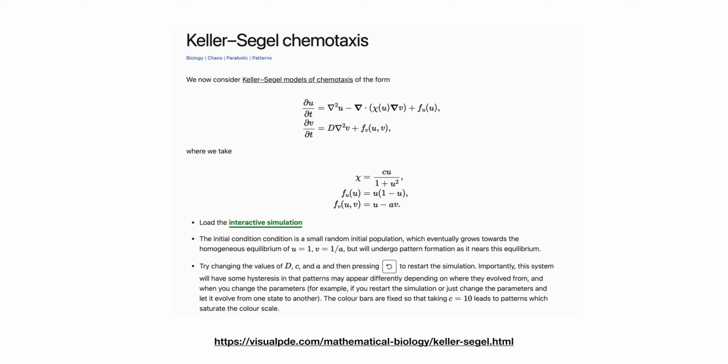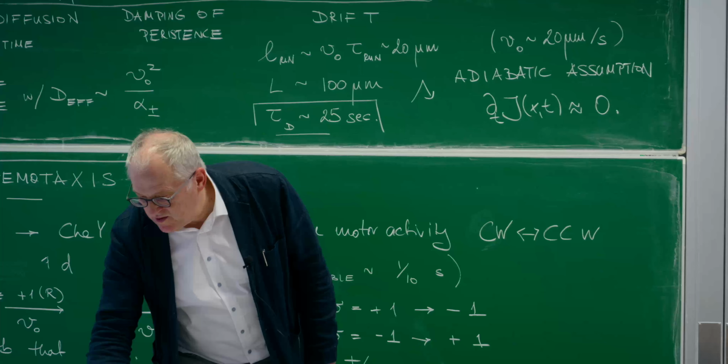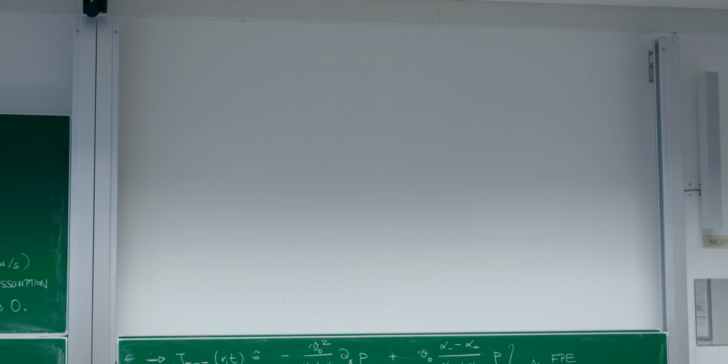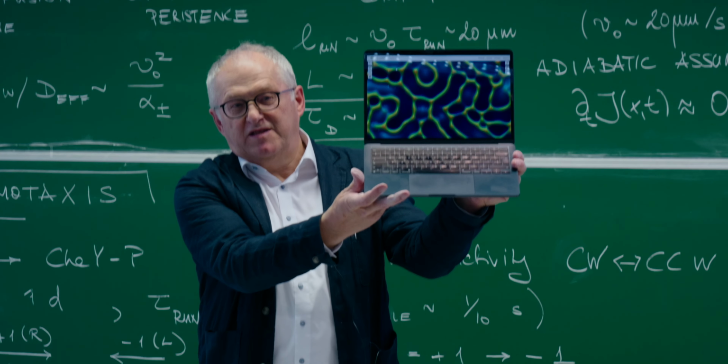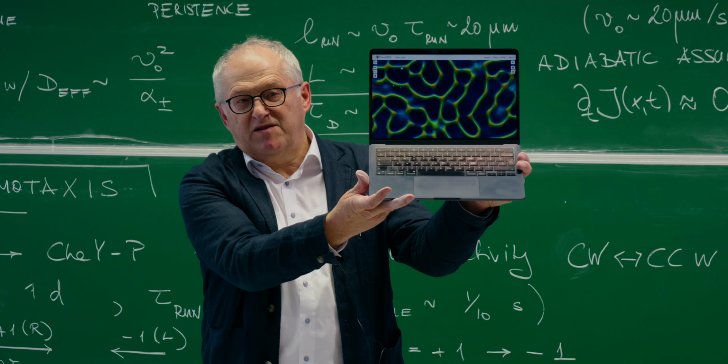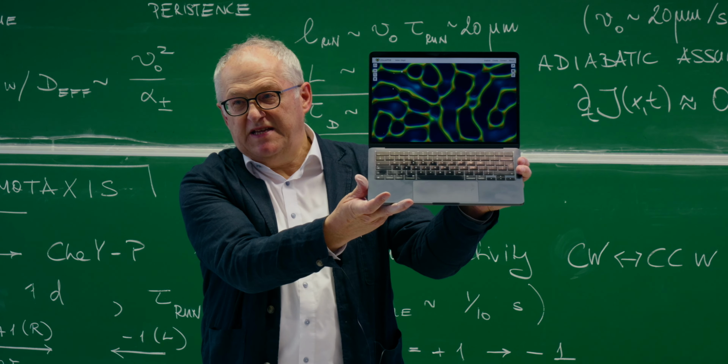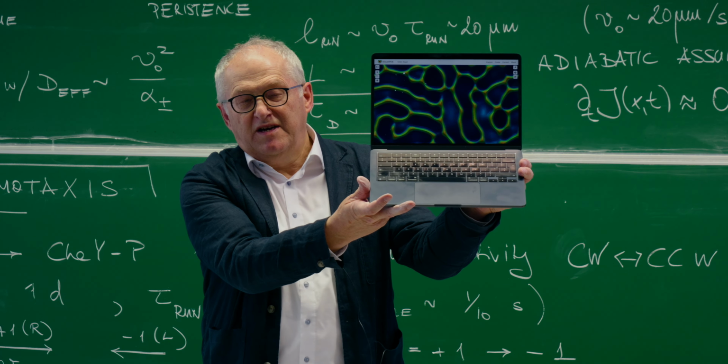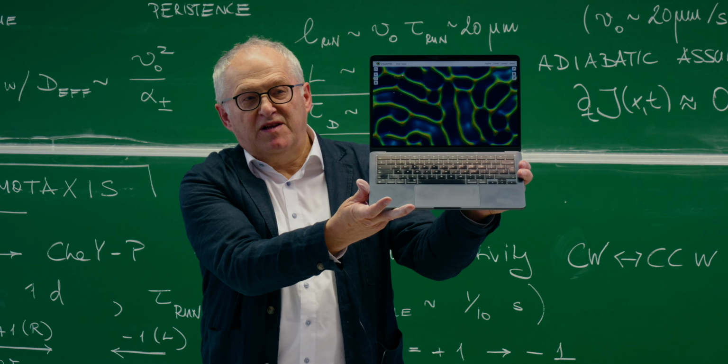I took this from a web page, where you can actually simulate this in an interactive way. So let's just go to that web page. That's the simulation you see. So these are the patterns that come out. It's actually the pattern of the bacterial density here, and you see this is a labyrinth-like pattern that forms.